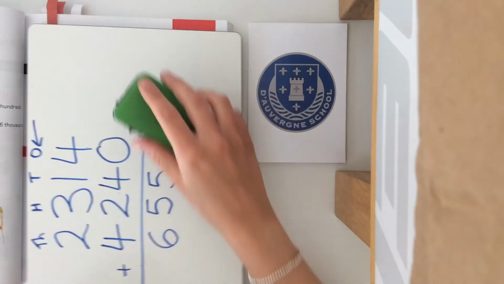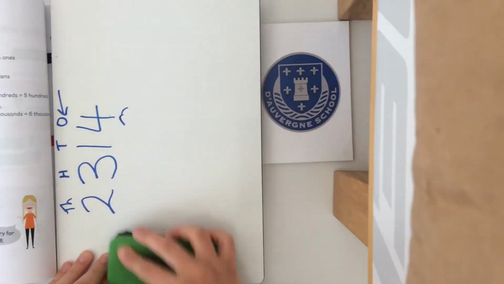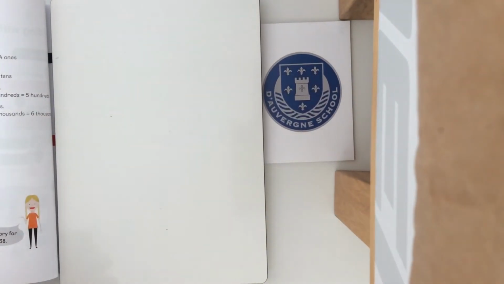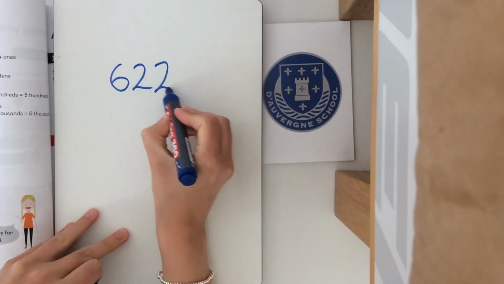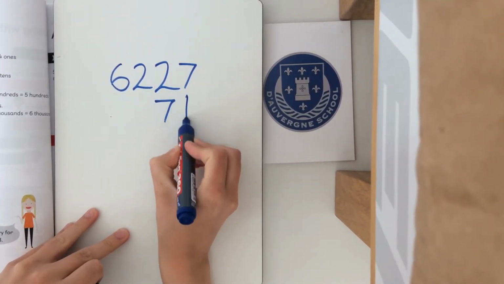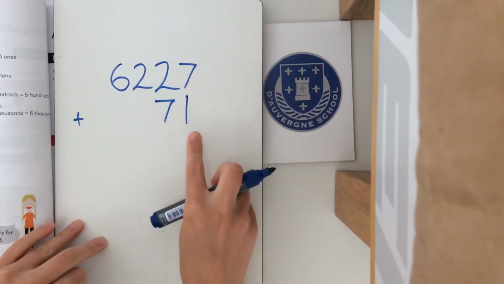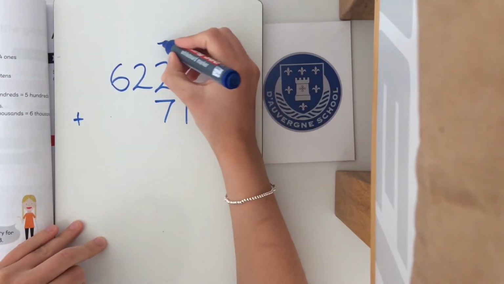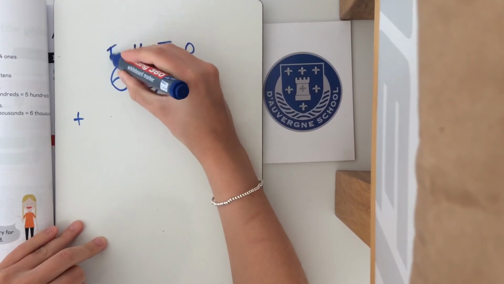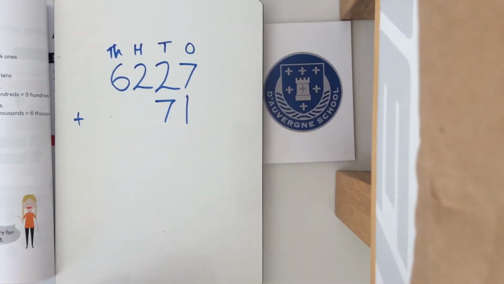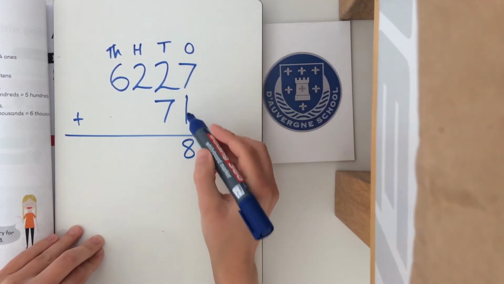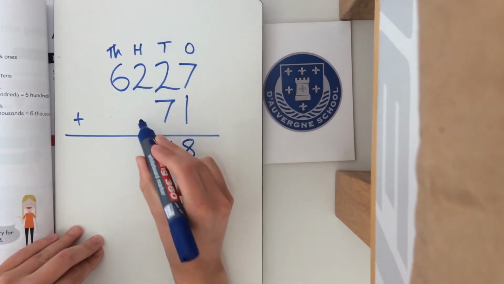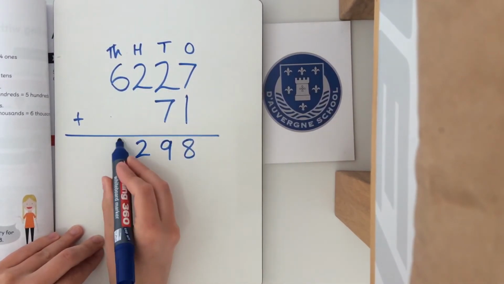Right, let's have a little go at going through the answers. So first of all, we had 6,227 add 71. Can you see that I've made sure my numbers are in the correct columns? 7 add 1 is 8, 2 add 7 is 9, 2 add nothing is 2, and 6 add nothing is 6.